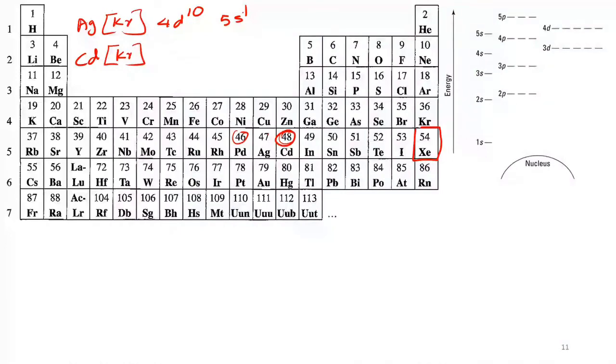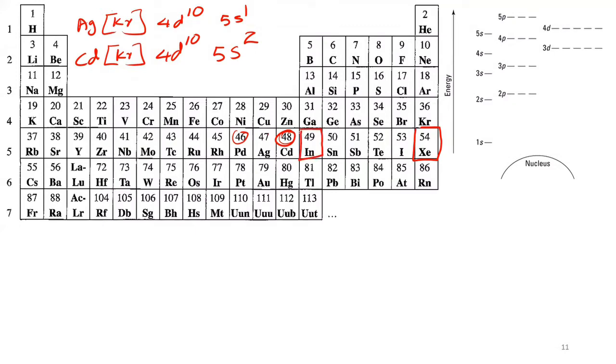You can see that you can complete the 5s orbital. So cadmium will have 4d10 and 5s2 electron configuration.